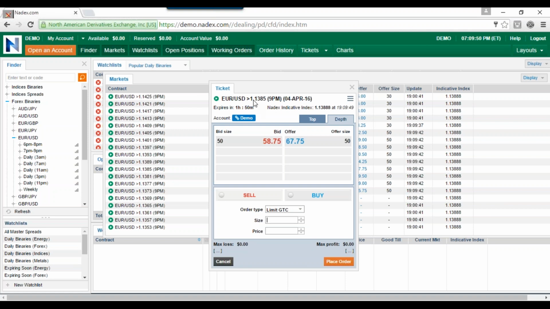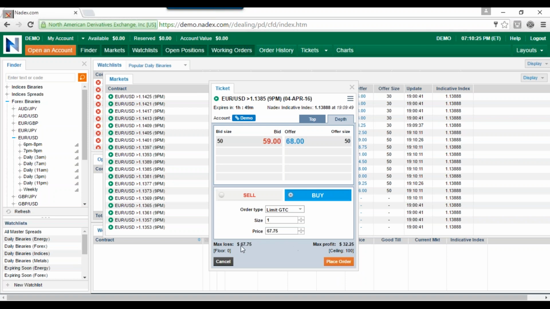So if I say yes, I believe this statement will be true, I believe the euro dollar will be greater than 1385 at 9 p.m., say I want to buy one. What we're going to talk a lot about tonight is risk versus reward. As soon as I fill this out, before I place the order, it tells me right away my maximum loss 67.75, my maximum profit 32.25, which together equal 100.